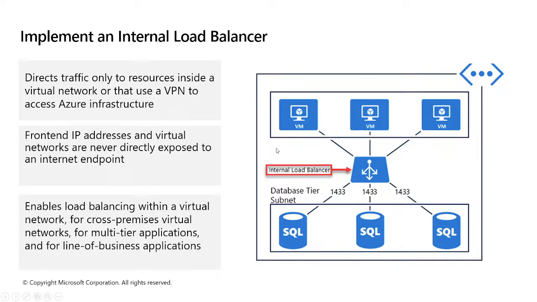So, like I said, we've talked about the public, and we talked about traffic coming from the web, coming from the internet. Now let's talk about traffic within our environment, where we talk about the internal load balancer. I'm not going to be reading these one after the other, but you can see that we've got machines there, and this is happening all within our virtual network.